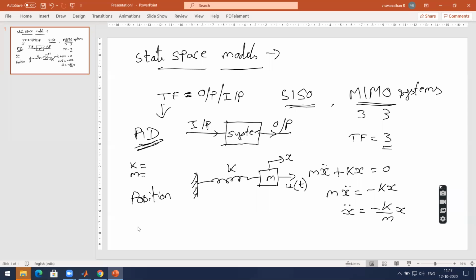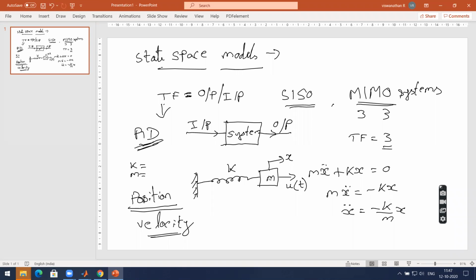If you know the position, can you completely define the system? Do you know everything about the system, or do you need to know anything else? No, sir, for the system, position will do. What about velocity? If we differentiate it once, we'll get velocity.